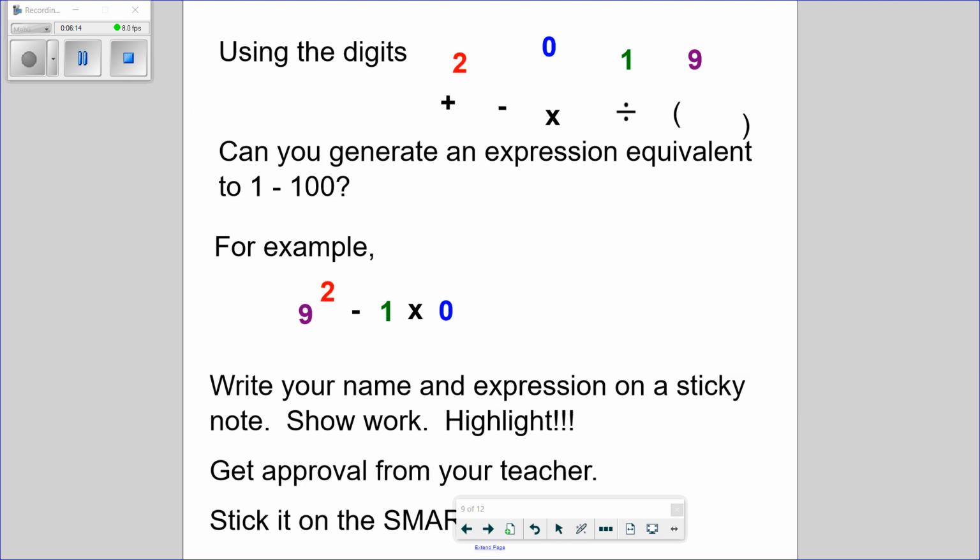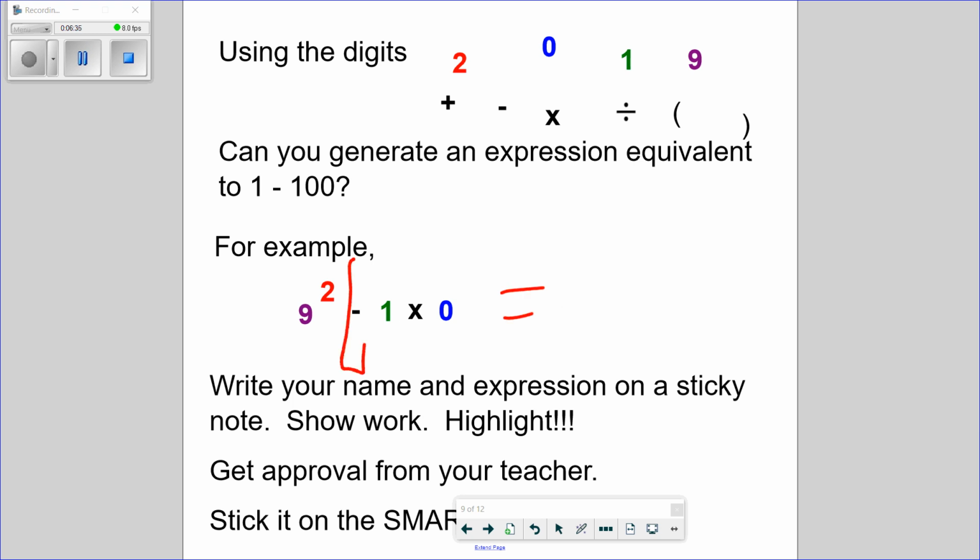So the rest of the class period, you are going to be given the digits 2, 0, 1, 9, the operations of adding, subtracting, multiplying, dividing, and the parentheses. Can you generate an expression equivalent to 1 through 100? For example, 9 to the power 2 minus 1 times 0.